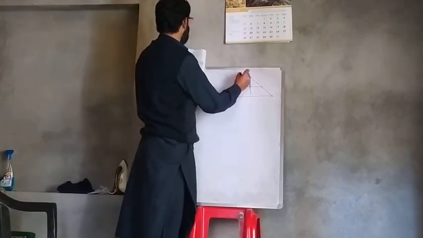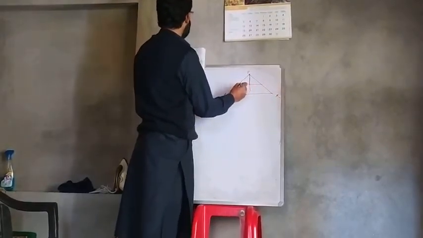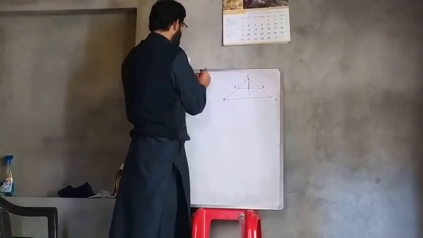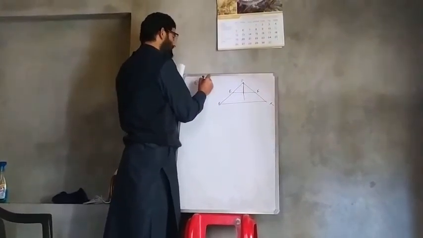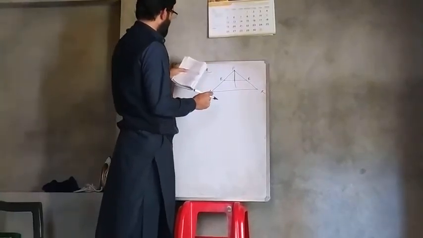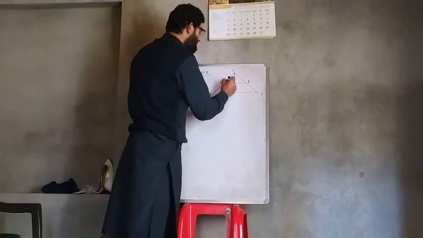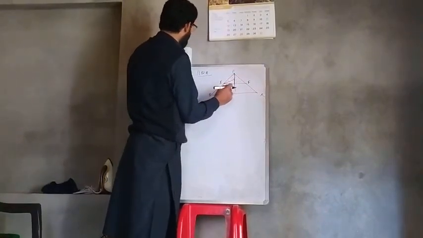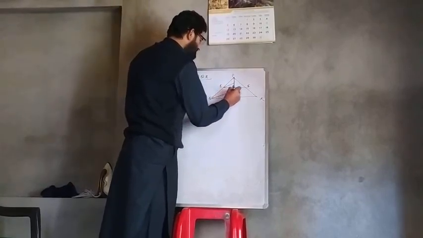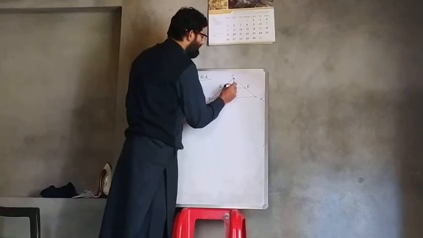This is PQR and this is EF. We have to prove that EF is parallel to QR. This is to be proved. One thing is given that EO is parallel to this point. Say this is O here.